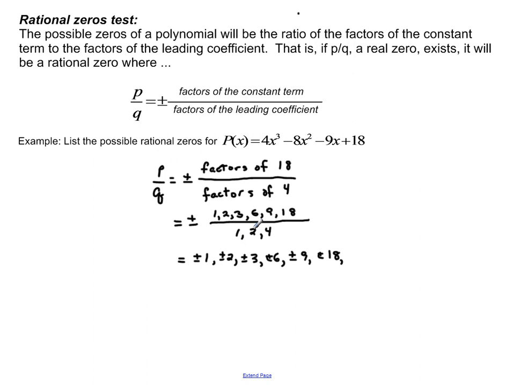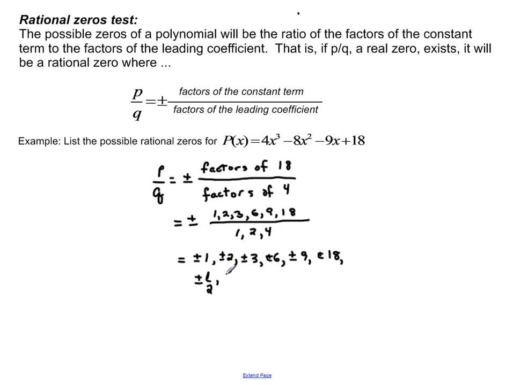But we still have more on this list, right? Because we're also going to look at any numbers divided by 2. Well, that includes in this list plus or minus 1/2. 2 over 2 we've already covered, right? 2 over 2 is 1, so we don't need to repeat that.